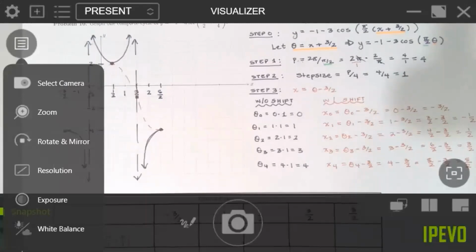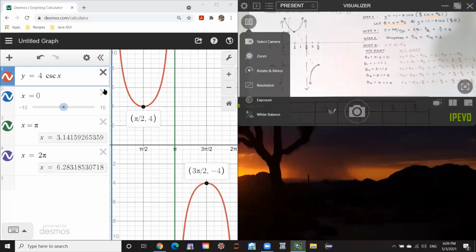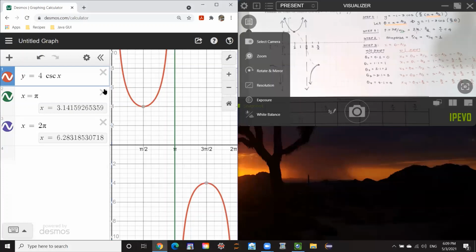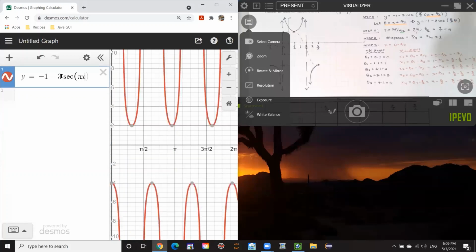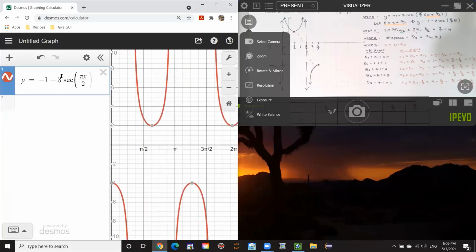Let me share the full screen so that we can see Desmos as well. So comparing with what Desmos gives us, we've got -1 minus 3 secant of pi times x divided by 2 plus the 3 pi over 4.